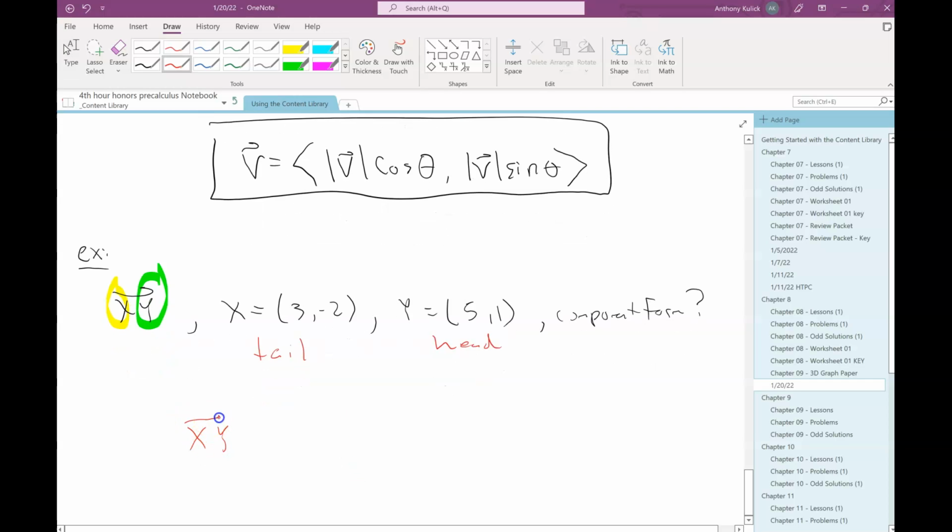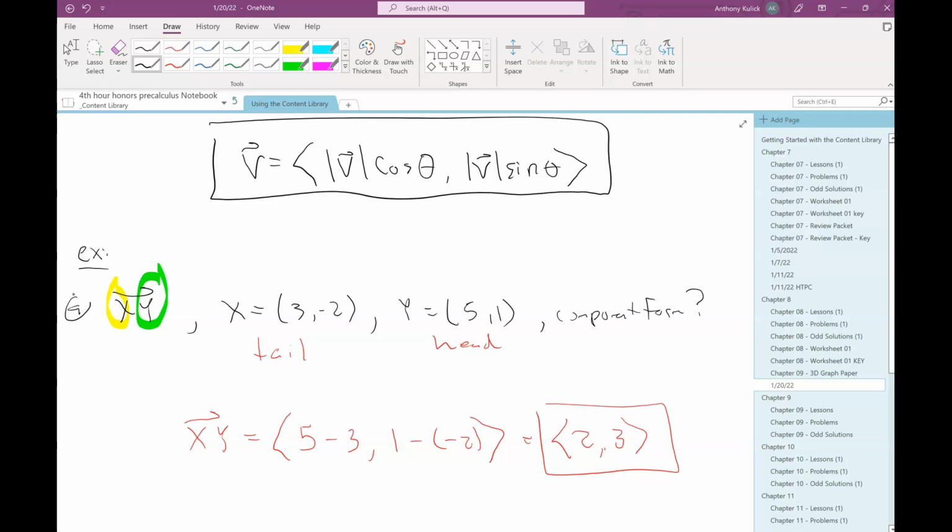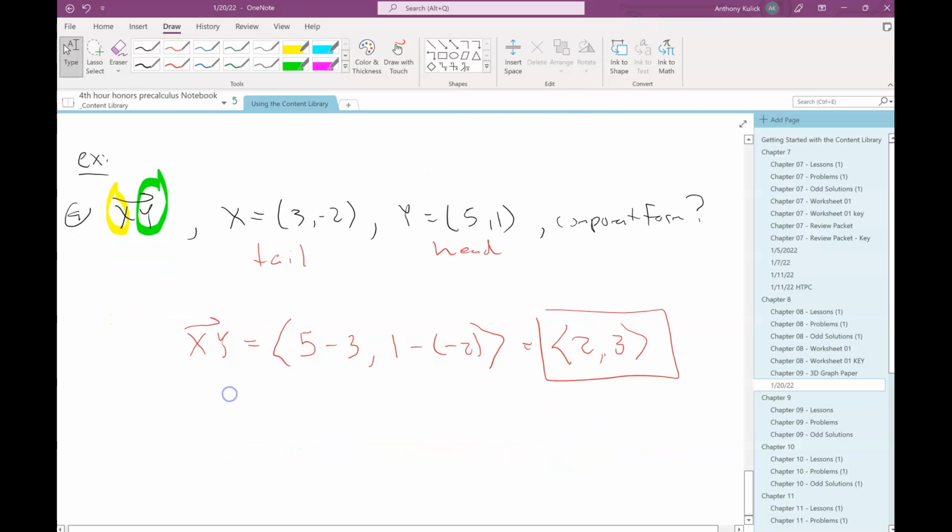Okay, so we do head minus tail, head minus tail. Feel good there? Ain't nothing to it, right? The arithmetic is super easy.